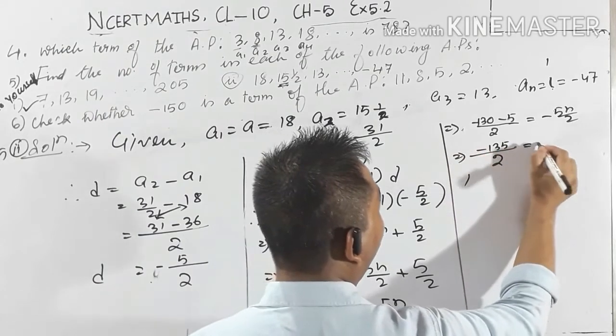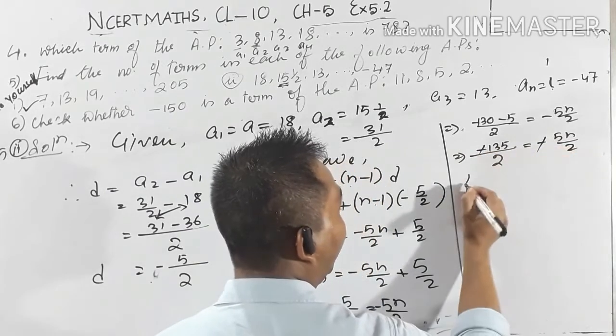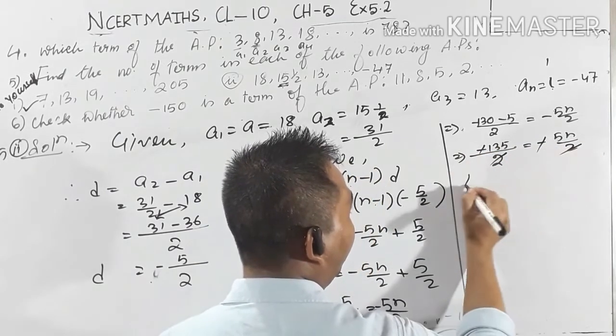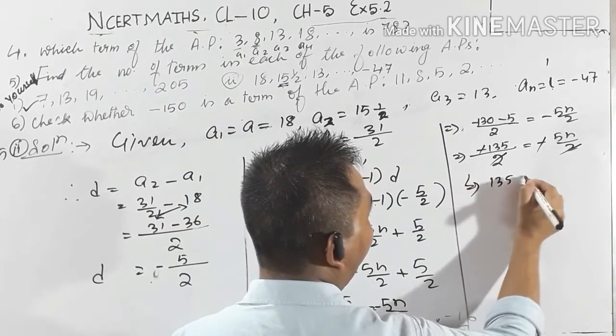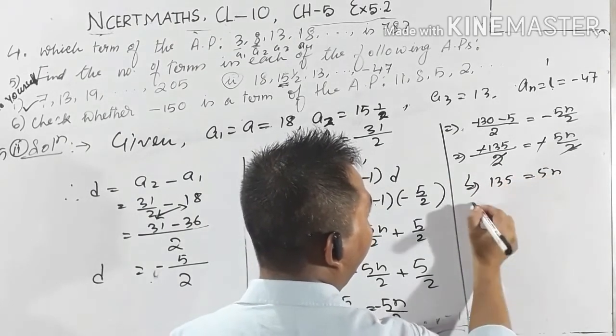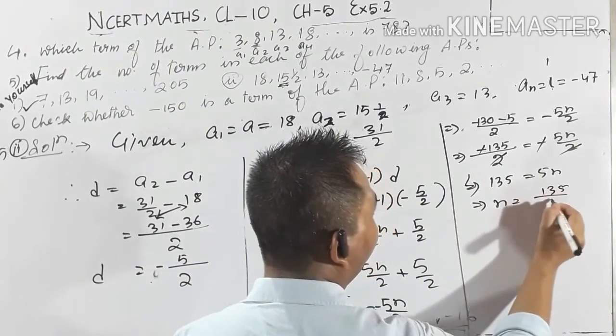So minus 135 equals minus 5n upon 2. Minus minus cancel, 2 cancel, and so it will be 135 equals 5n. That means n equals 135 upon 5.